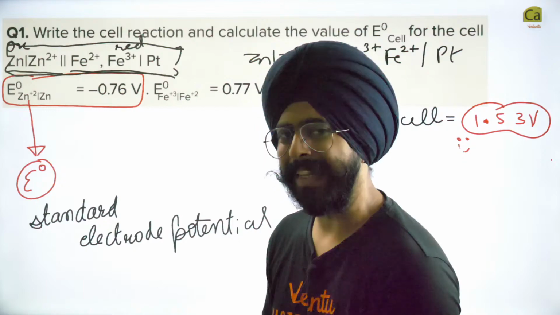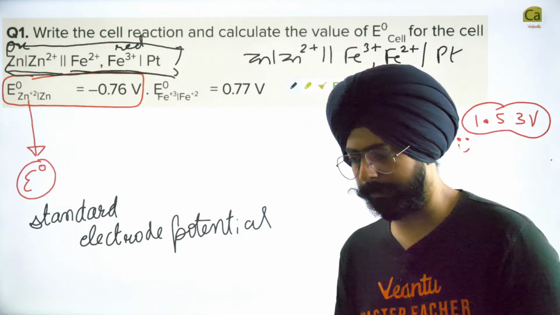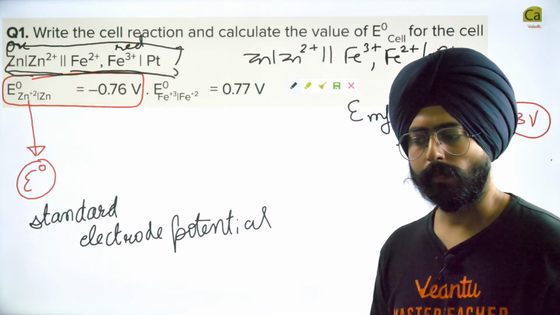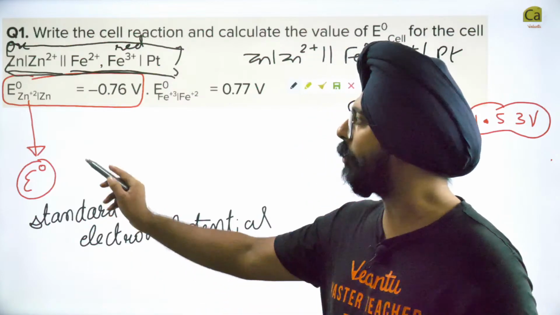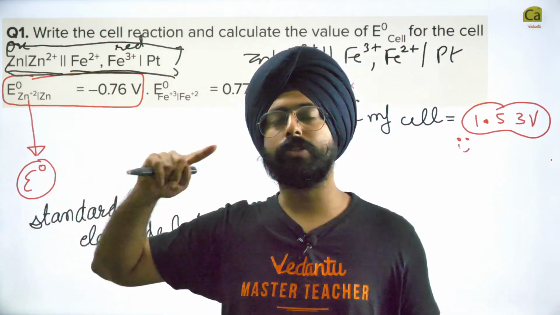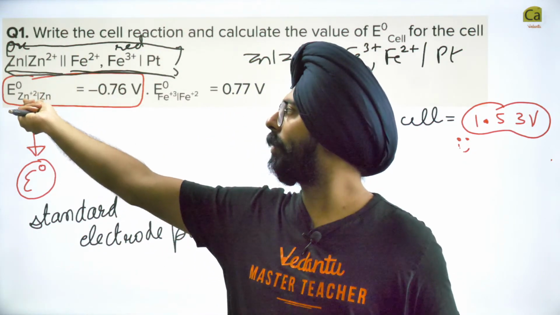What does this mean? It means that when you are measuring this electrode potential, you are measuring it at standard conditions of temperature and standard conditions of pressure. You are taking 1 molar zinc 2 positive.